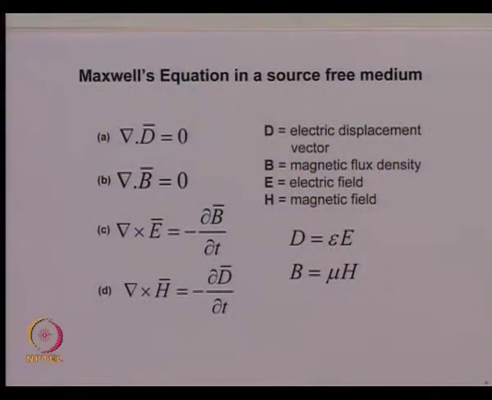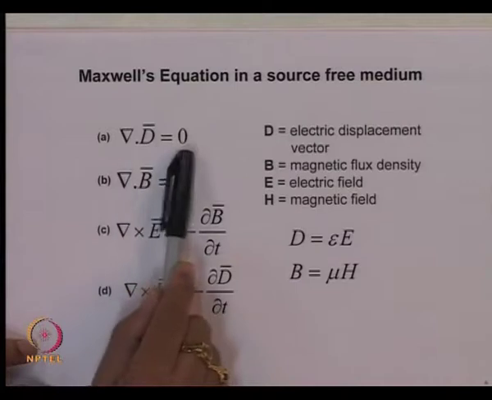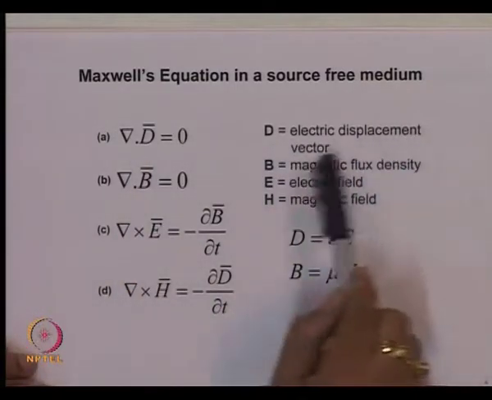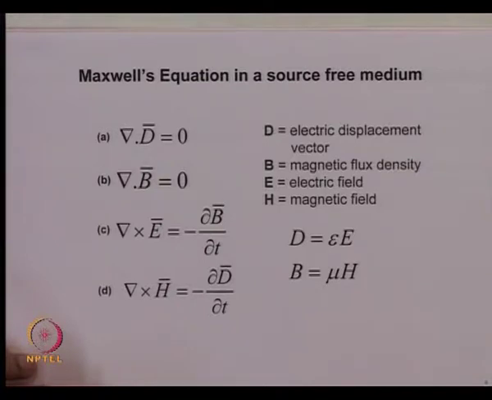If we write down Maxwell's equations for the source free condition, we get the 4 Maxwell's equations as del dot D is equal to 0, where D is the electric displacement vector, and del dot B is equal to 0, where B is the magnetic flux density.